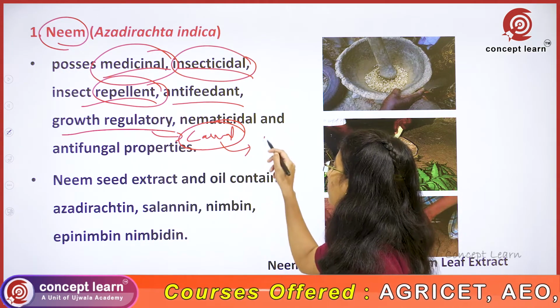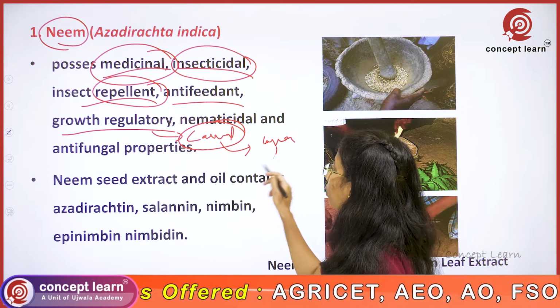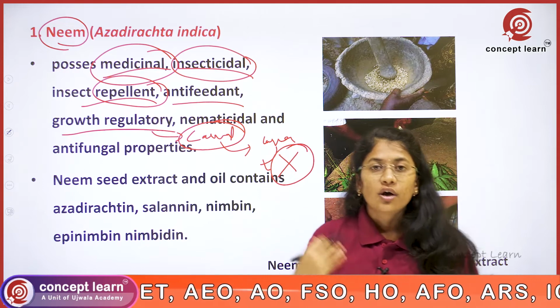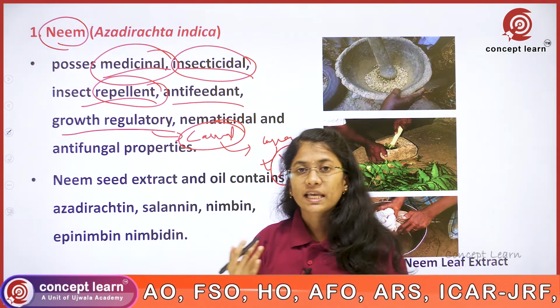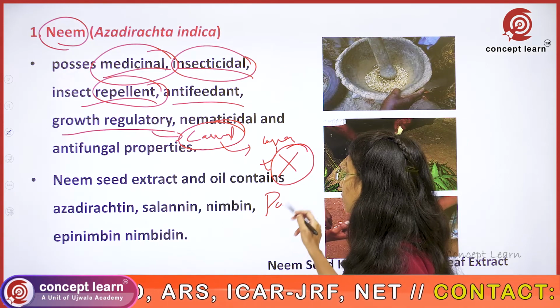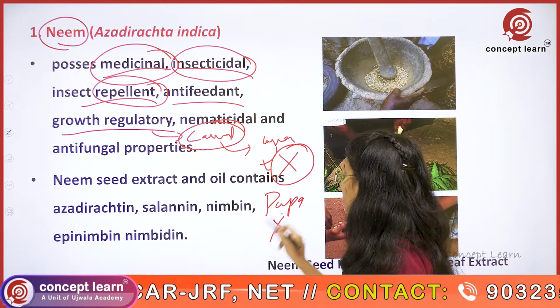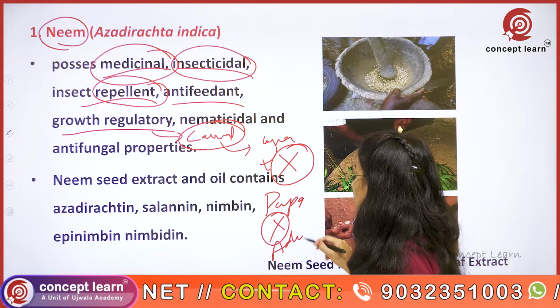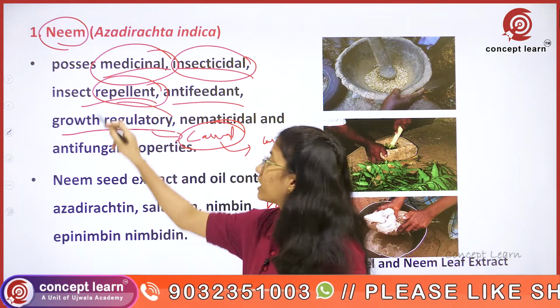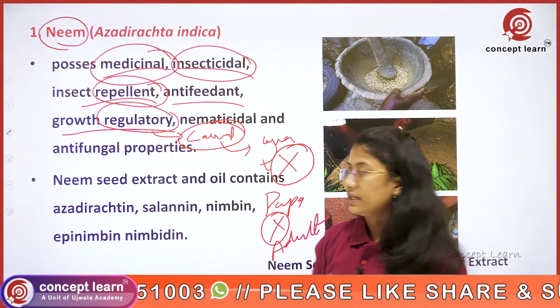It loses the capacity for metamorphosis, like transformation into pupa or from the pupa into adult. As the growth is arrested, it also functions as a growth regulator.